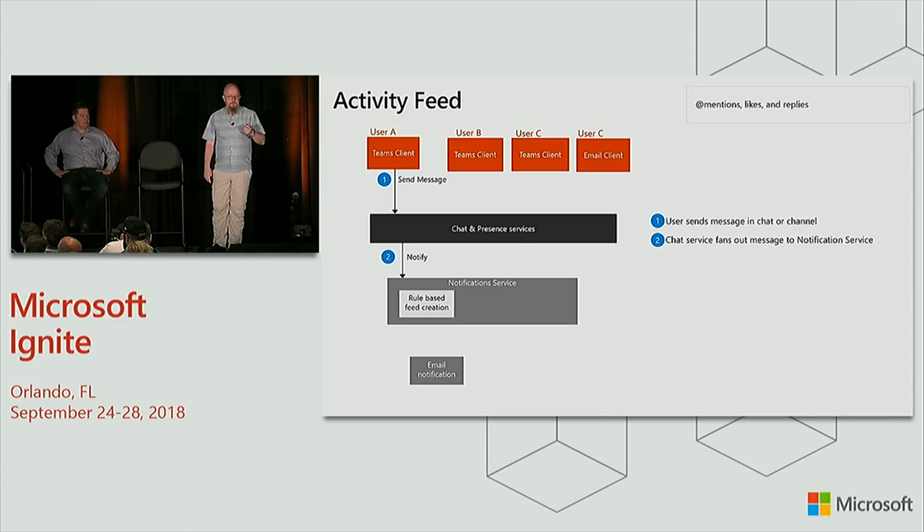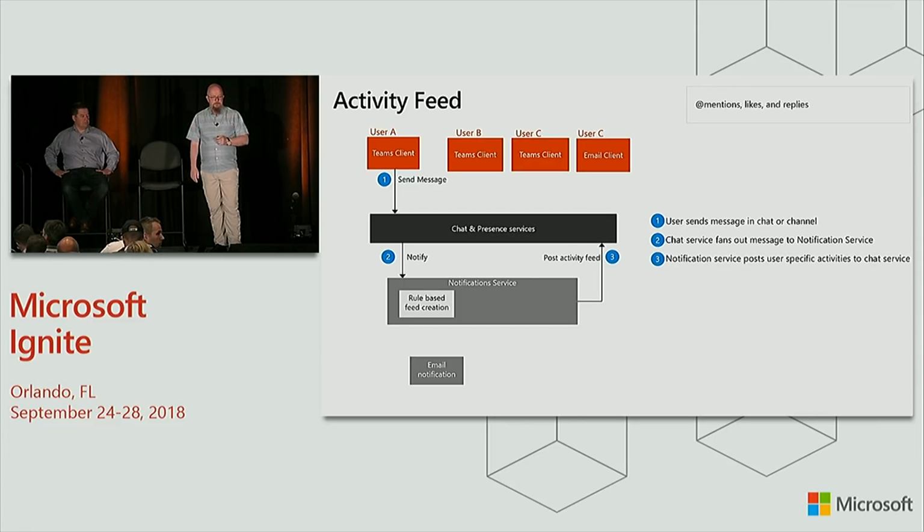We may say, hey, you haven't been active for 90 minutes, I'm going to let you know. But we may also look at things like, did somebody mention you? You have a channel, somebody mentions your name, or does an app mention of you. They're trying to catch your attention, and so we need to make sure that we notify you of that.